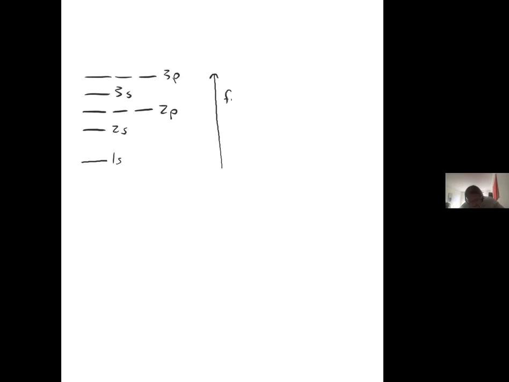This is the filling order. They go from this orbital to that one, and then these get filled, and then this gets filled, and then these get filled. That's called the Aufbau principle. Aufbau just means filling up. So it's the filling up principle. So they have a tendency to go from low energy orbitals. Once that orbital is filled, it goes up to the next level. So up to higher energy orbitals.